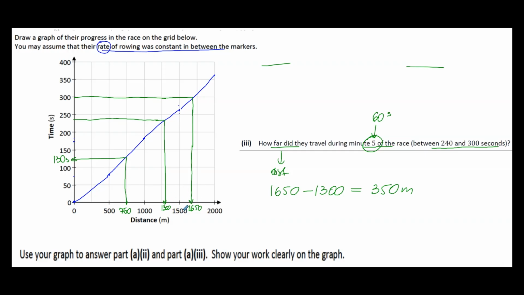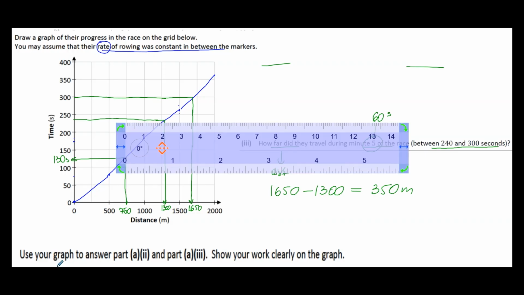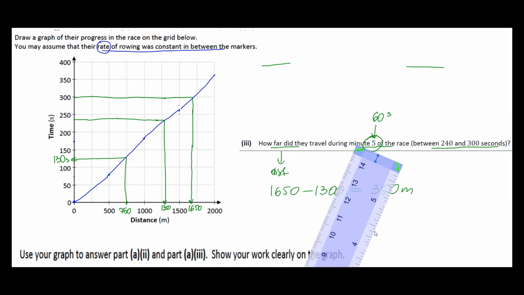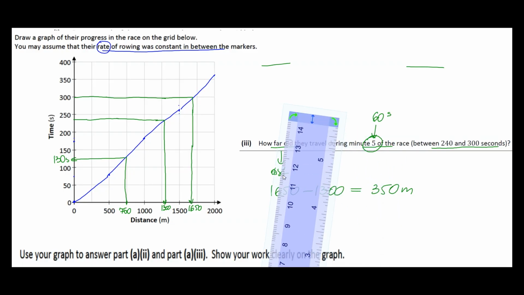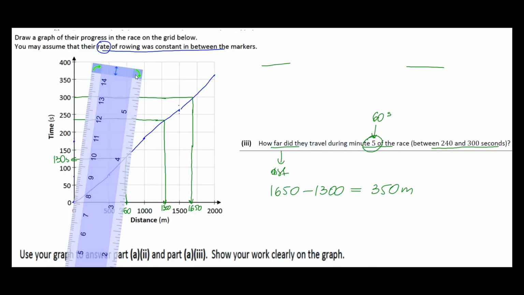The key is to do a really good graph. What I will advise in the exam is you can take the ruler and use it to measure the distances between the points.